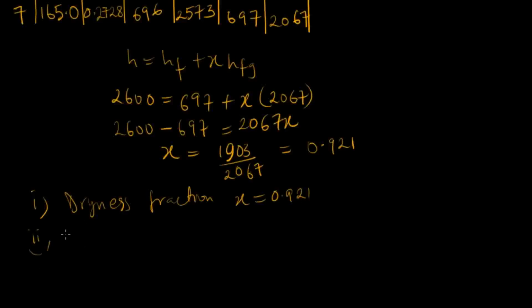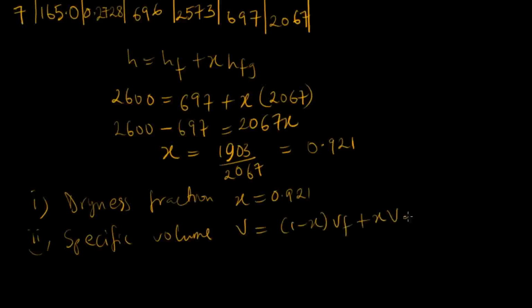Okay, the specific volume v, the small letter v, is our formula Vf plus X Vg.